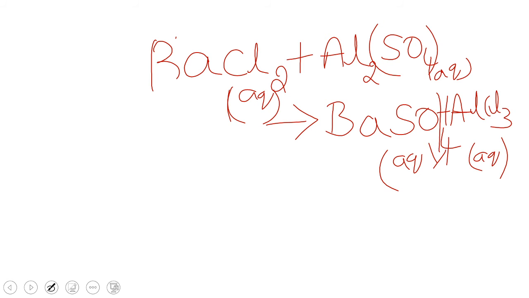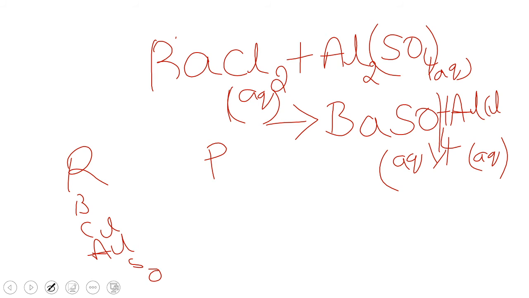So let's discuss the reactants and products here. What are the reactants? They are barium, chlorine, aluminium, sulfur, oxygen. The same on the product side also: barium, chlorine, aluminium, sulfur, oxygen.